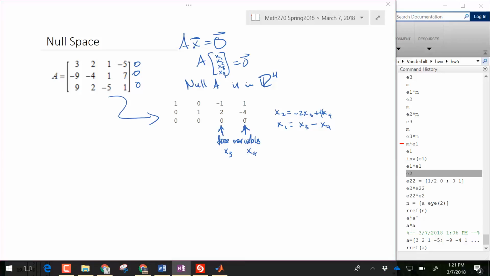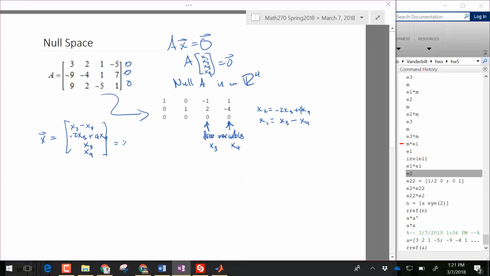Okay, so what do we have? Your solution for the homogeneous system is going to be x equal to x3 minus 4x4, minus 2x3 plus 4x4, x3, and x4. And then you can split this up into two vectors.